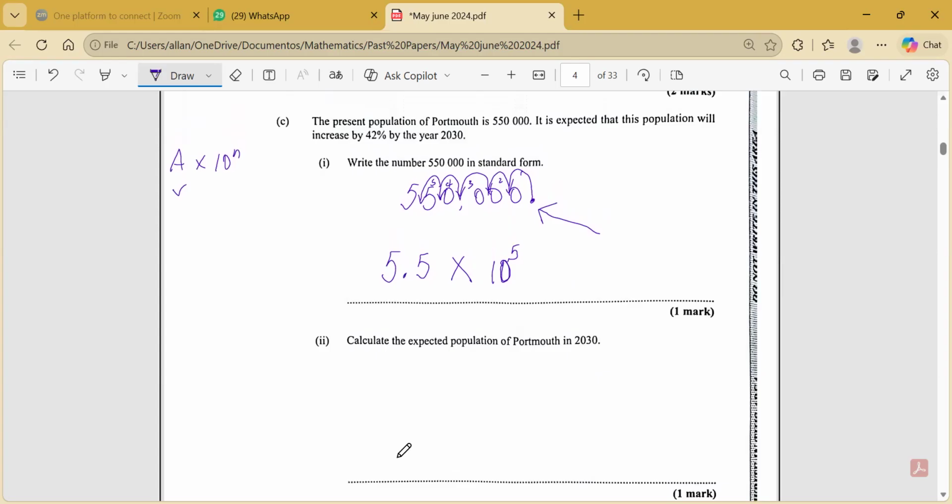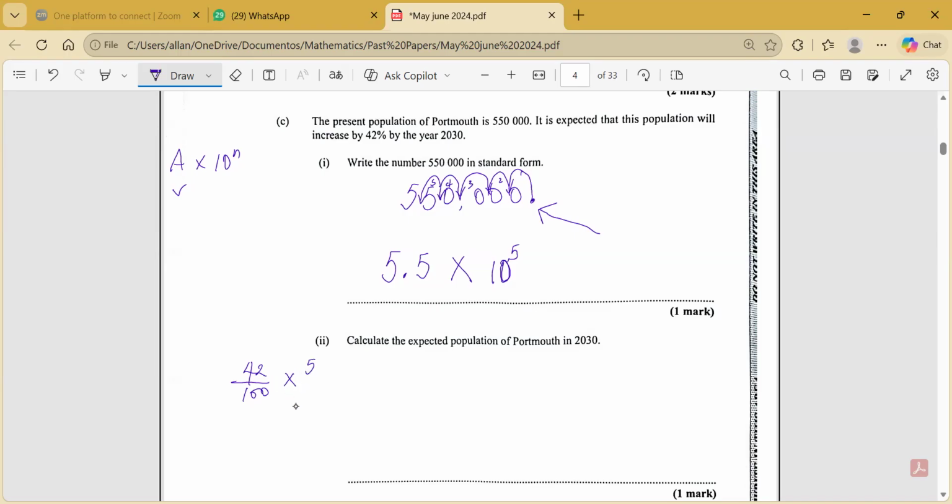Well, what I did was, the question says it increases by 42% by the year 2030, and 42% is 0.42. So if I had to increase by 42%, you multiply the original number by 1.42.